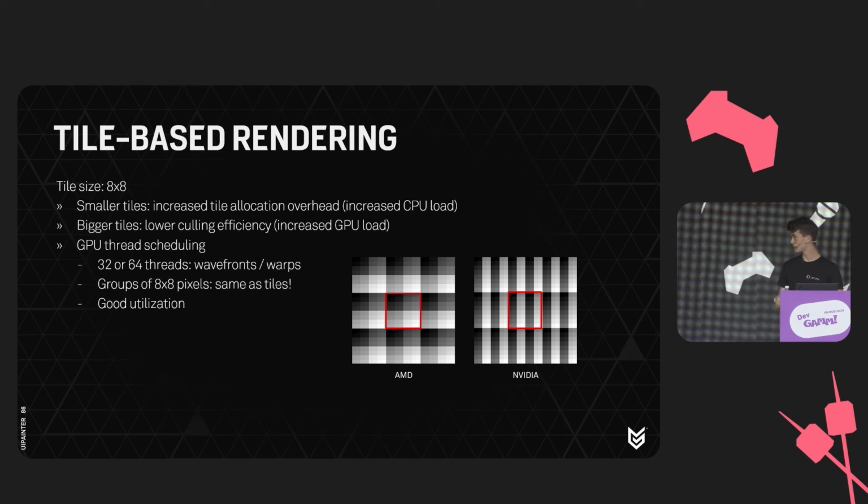There's another reason why we pick exactly 8 by 8 tiles, and that is because of the way GPUs schedule threads. Essentially, there's a collection of either 32 or 64 threads called wavefronts on AMD and warps on NVIDIA, and they all run the same shader in parallel. These threads are usually scheduled in 8 by 8 blocks, which would nicely overlap our tiles.